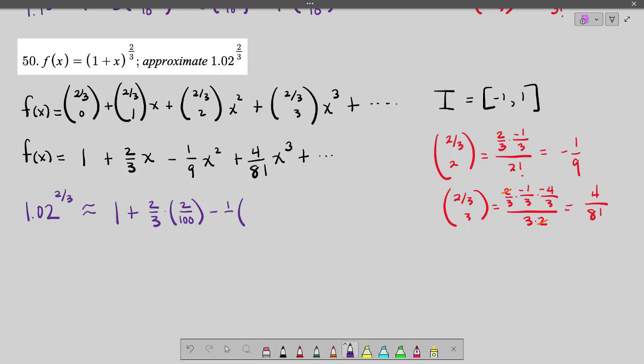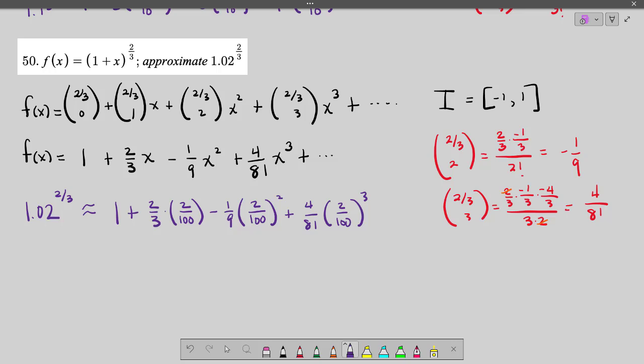So then we're going to have 1 plus 2/3 times 2/100ths, minus 1/9 times 2/100ths squared, plus 4/81 times 2/100ths cubed. So there's our approximation using 4 non-zero terms. Type that into your calculator.